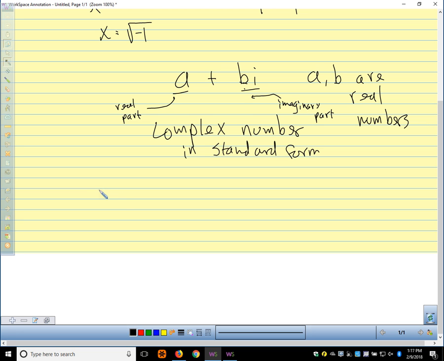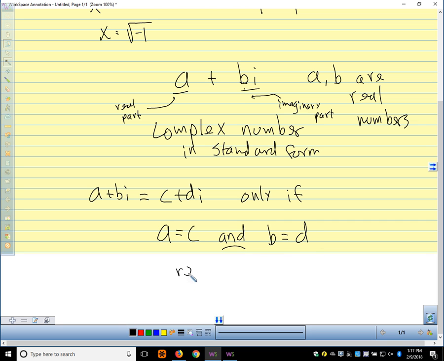All right, so what we're interested in today is properties of these complex numbers. If a plus bi equals c plus di, complex numbers are equal only if a equals c and b equals d.